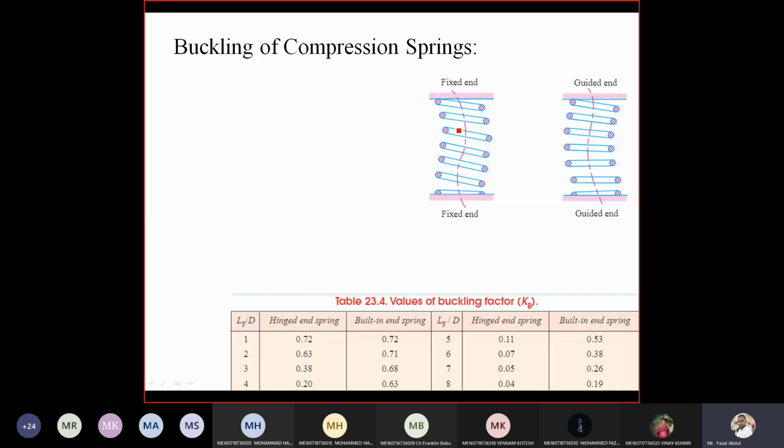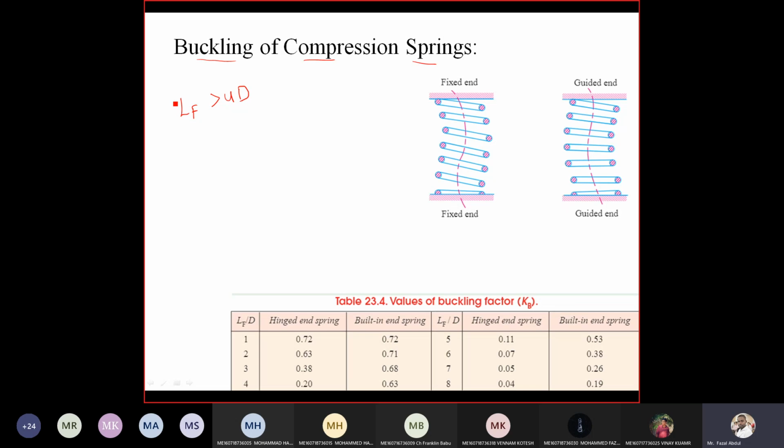Now for the deflection of the spring, if we apply the load in a critical manner, the topic is buckling of compression springs. Buckling is when the free length of the spring is more than 4 times its mean diameter.